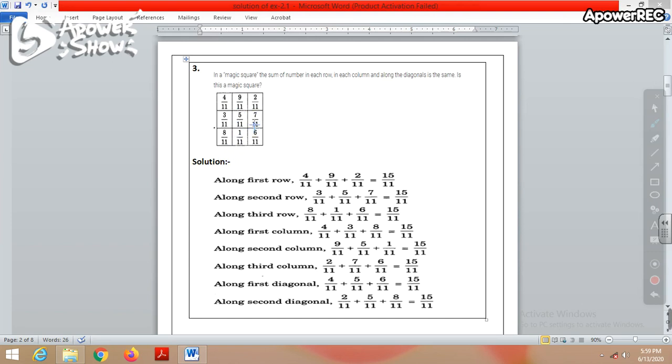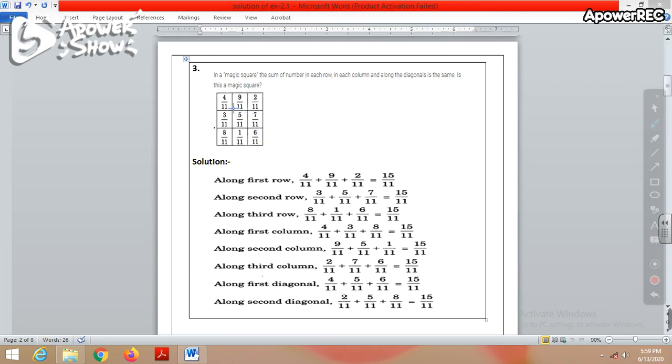And we have already learned about magic square in chapter 1 integers, where the numbers which were given inside this square were integers, and since we are dealing with fractions, the numbers given here are fractions. So we have to find out the sum of the numbers along each row, along each column, and along these two diagonals.